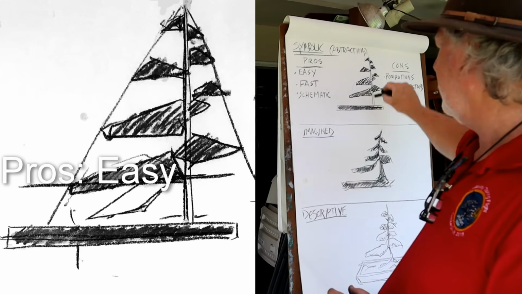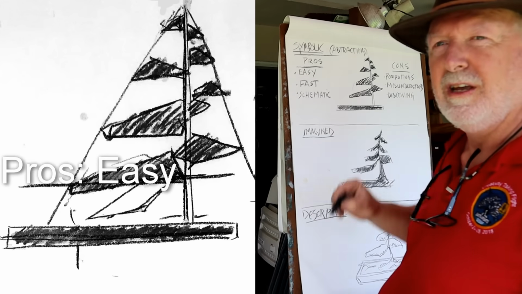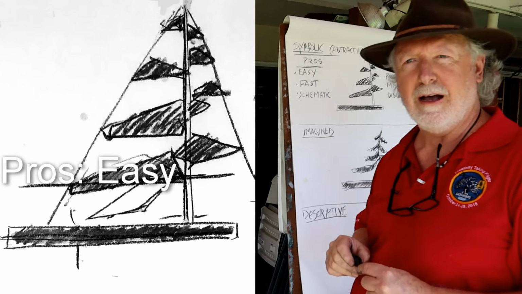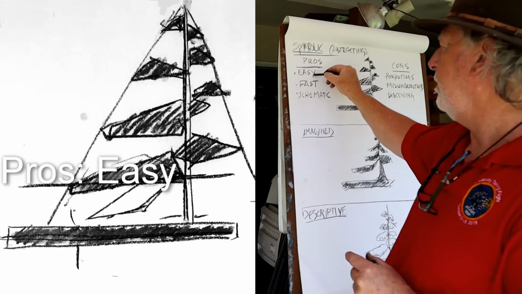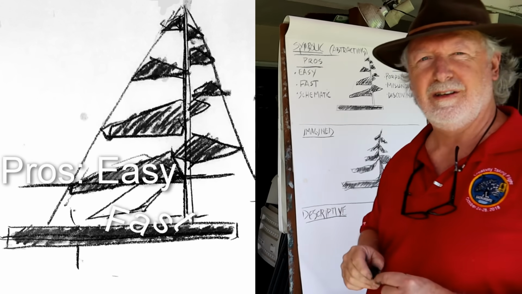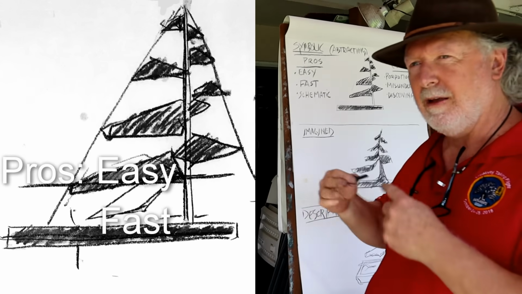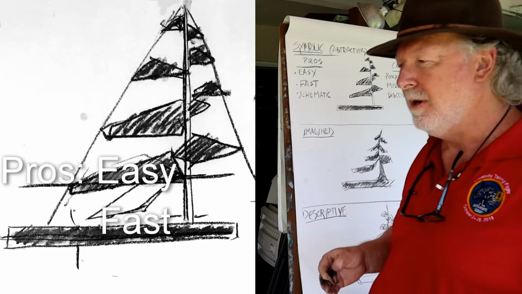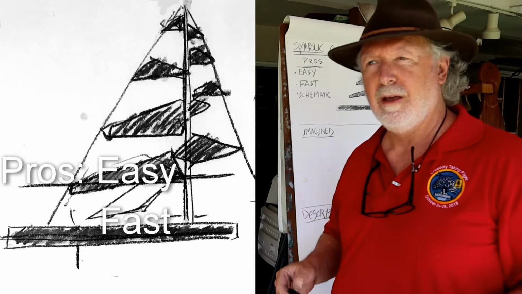The drawing comes up pretty quick. You just create these symbols, and it's very easy to draw that out. So the good thing about that is it's fast. You can draw that out real quick, give you a quick idea of what you want to do, and then you can work on your tree.